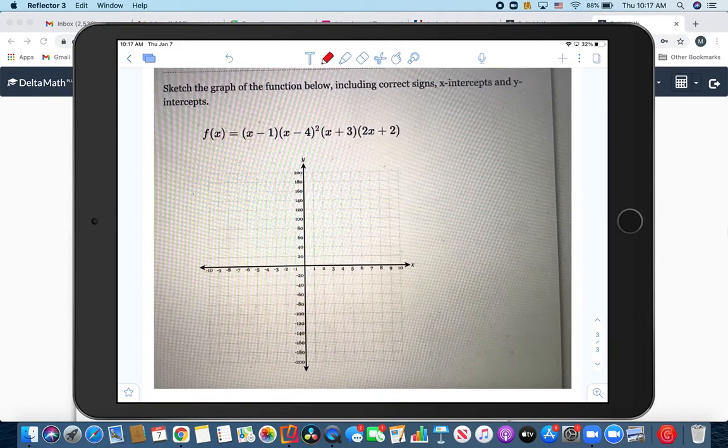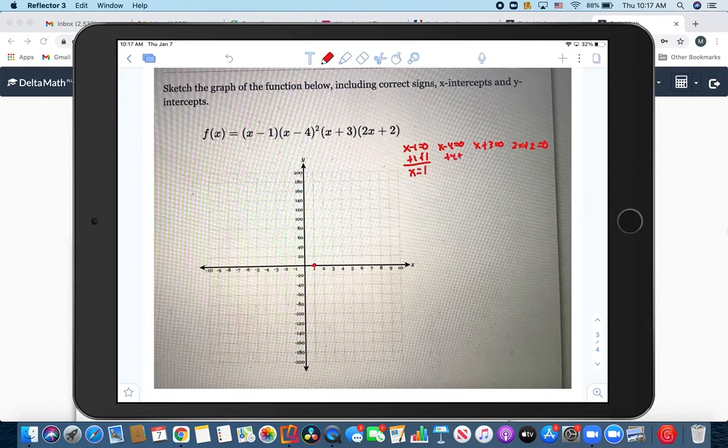All right, here. So find our zeros. X minus 1 equals 0. X minus 4 equals 0. X plus 3 equals 0. And 2x plus 2 is equal to 0. Add 1 to both sides, so x is equal to 1 there.